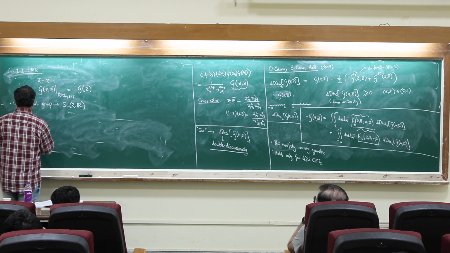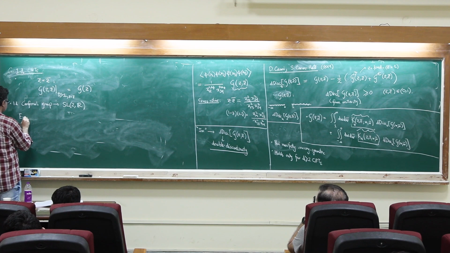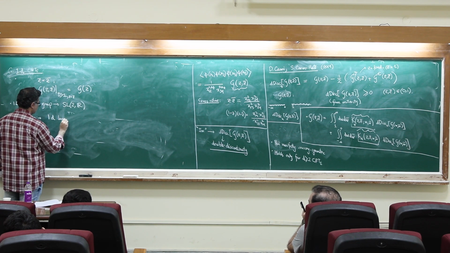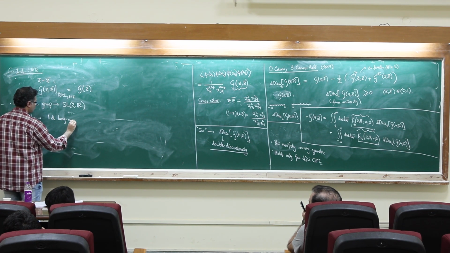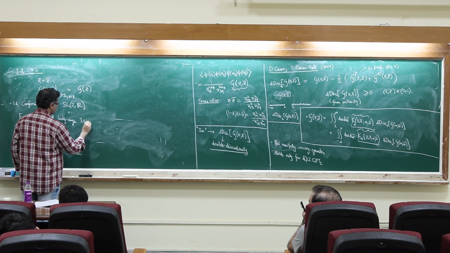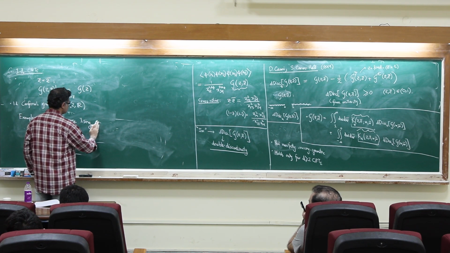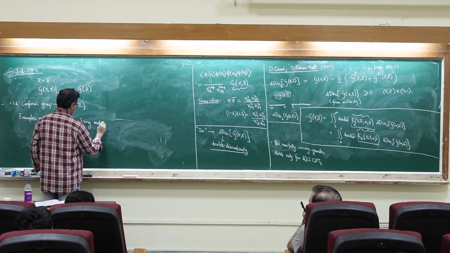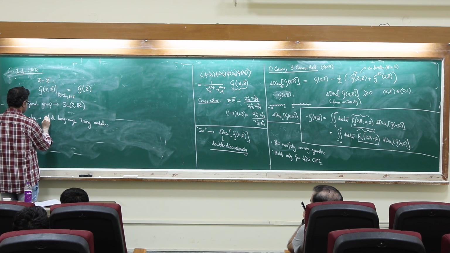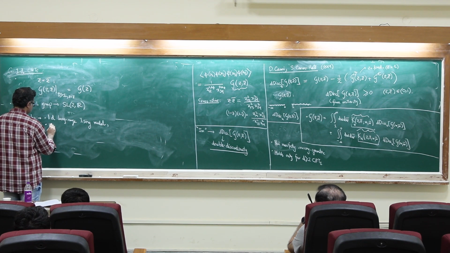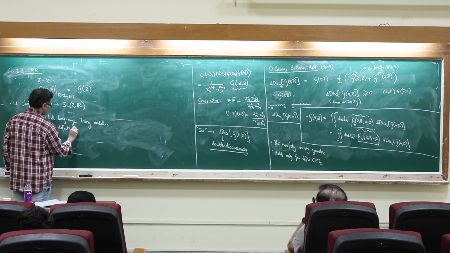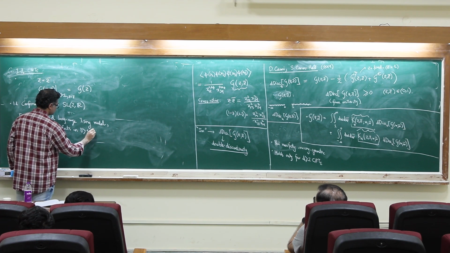Okay, so let me write down some examples. There is the 1D long-range Ising. This is just to motivate that the 1D case is not just of academic interest. Then one can consider line defects in D greater than 1 CFTs.